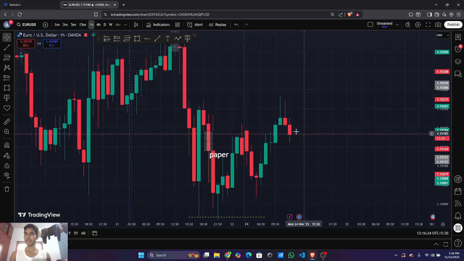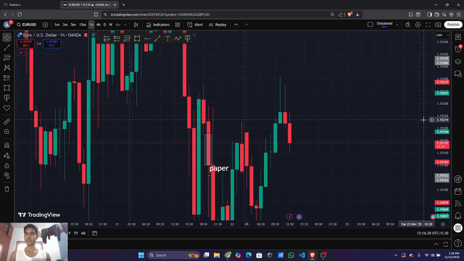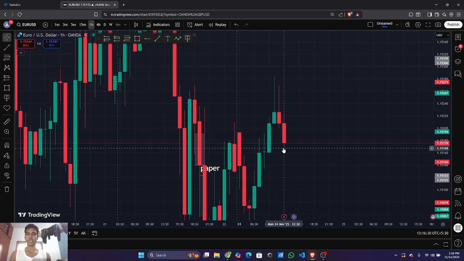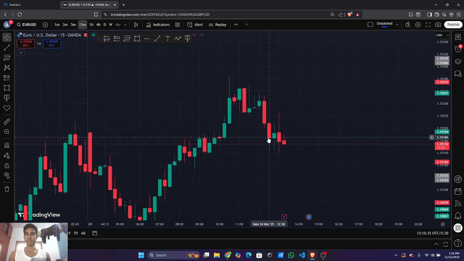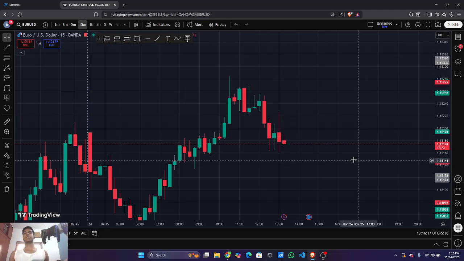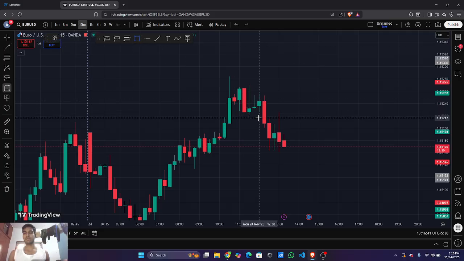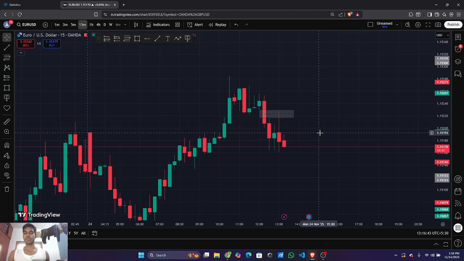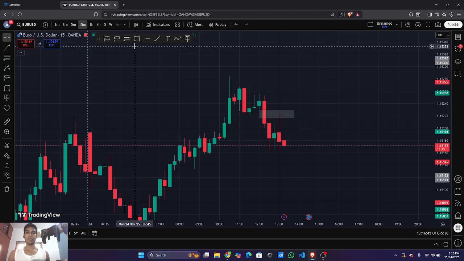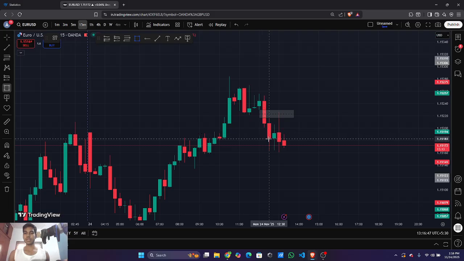It was in the fair value gap, but it should have shown the reaction if it was bullish. Okay, 15 minute is bearish. It tapped into this fair value gap, and it has already tapped into this order block.